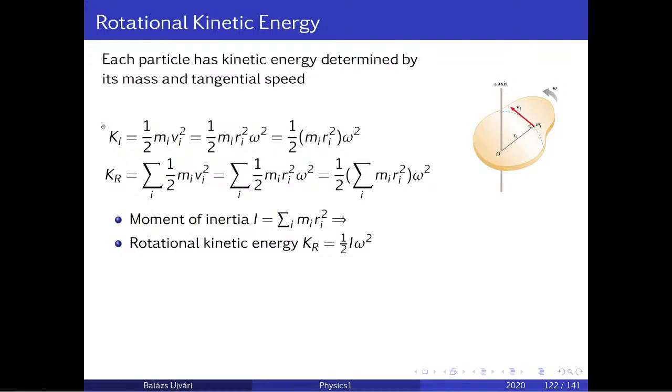So this is only the kinetic energy of this infinitesimal small body. If we want to calculate the rotational kinetic energy of the body, we have to sum it for all the infinitesimal small masses of the body. This sum between the 1 over 2 and omega square, this is the moment of inertia.